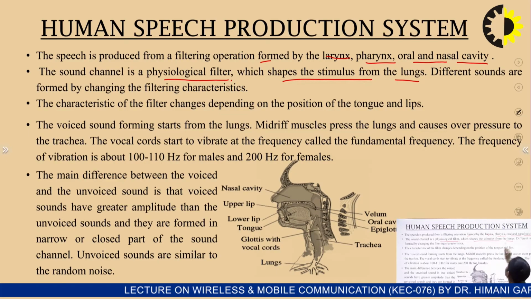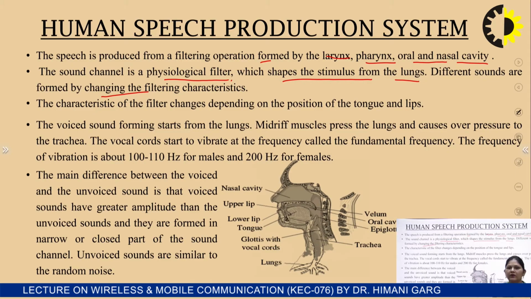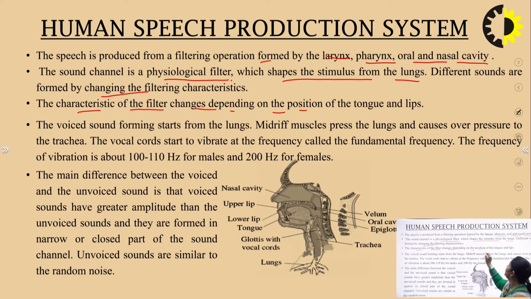From the lungs, different sounds are formed by changing the filtering characteristics. Whatever we are speaking is of a particular frequency, and this filter acts to filter out particular frequencies, so we get different types of sounds. The characteristics of the filter change depending upon the position of the tongue and lips.